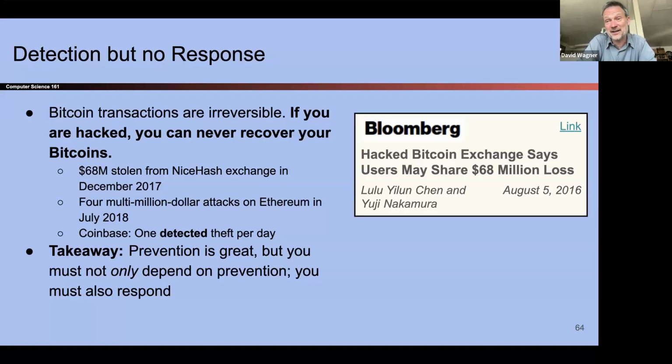They're really juicy targets because they store a whole lot of money for a lot of their clients. So if someone finds a vulnerability in one of these exchanges, they're able to steal wholesale from a whole lot of people all at once. So there, even if you can detect, there's no way to respond. Really, really dangerous. That means in those kinds of settings where there's no way to detect or no way to respond, your prevention game had better be awesome.